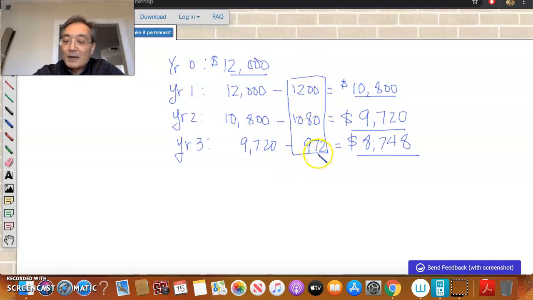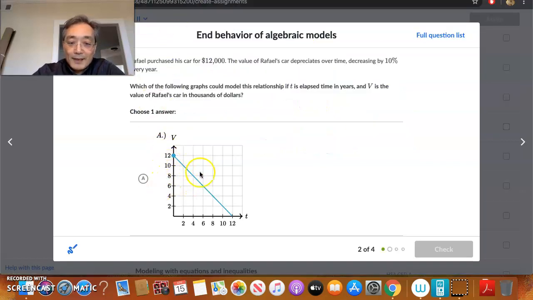Therefore, this is not, folks, a linear function. He's not losing a constant value, a constant number. Okay? So if we go back here, it can't be a linear function, right? So let's see what the other choices are that we have.